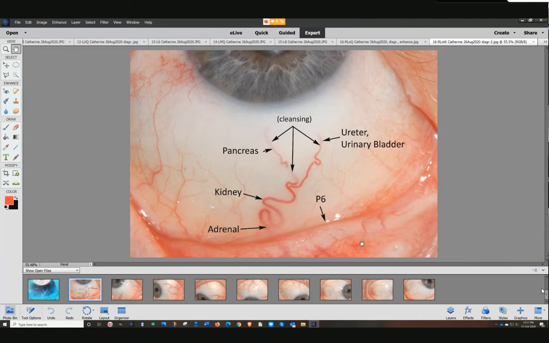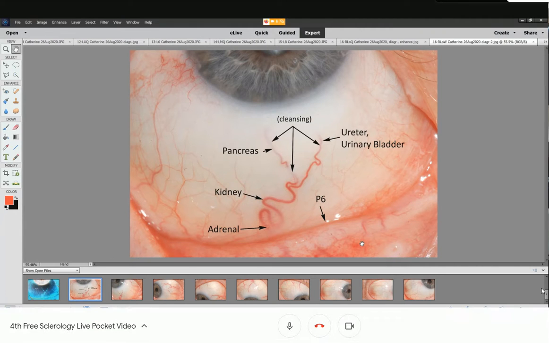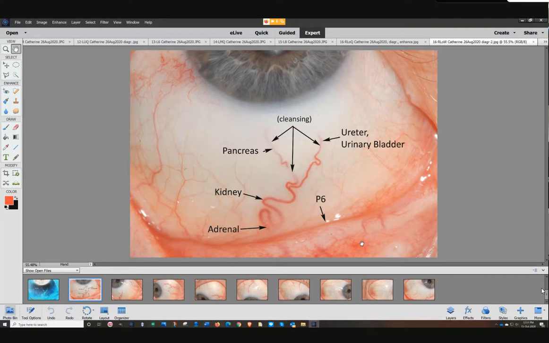You can see the caliber, the thickness of the line, will change. They will become narrower or thinner as cleansing takes place. Or they change in hue, in the brightness of the line. When the lines are active or acute, and there's acute and chronic, when it's really acute, then that line would become bright red and engorged.